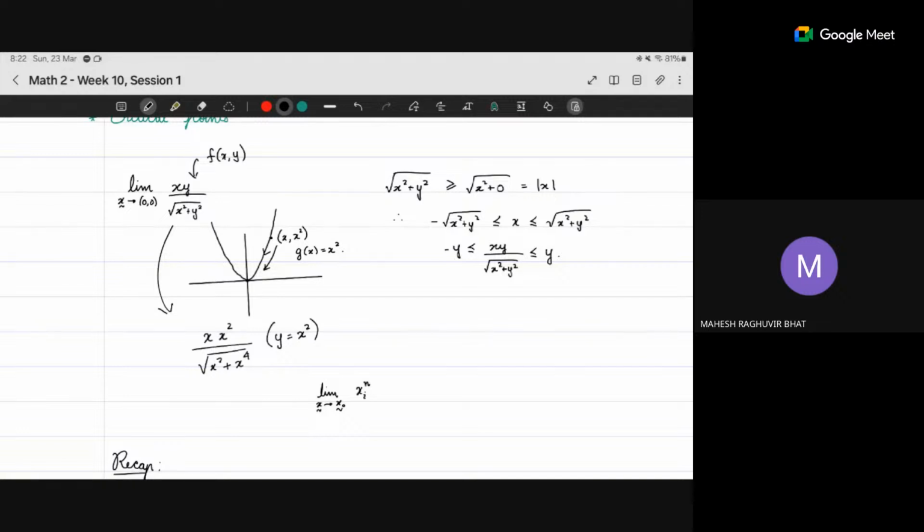It's not exactly the degree of the polynomial, but in the denominator you have a square root, so it behaves something like a 1-degree polynomial. It's not exactly a 1-degree polynomial, but it behaves like one. And on top you have a 2-degree polynomial, x and y. So it will converge faster, as in xy will converge to 0 and this will not converge to 0.